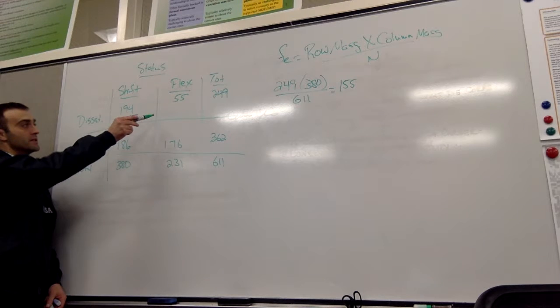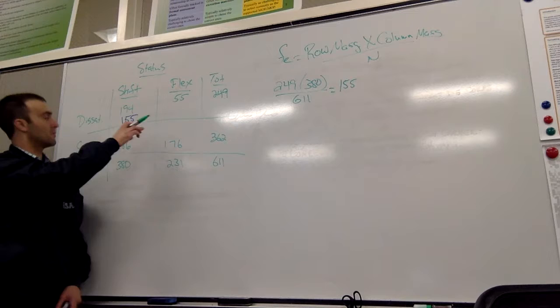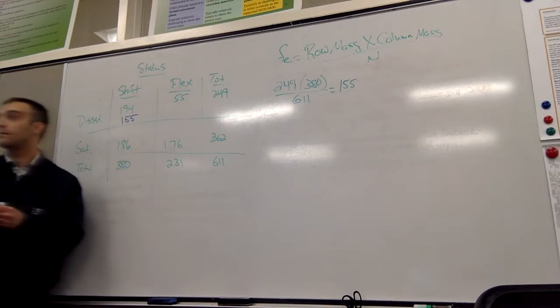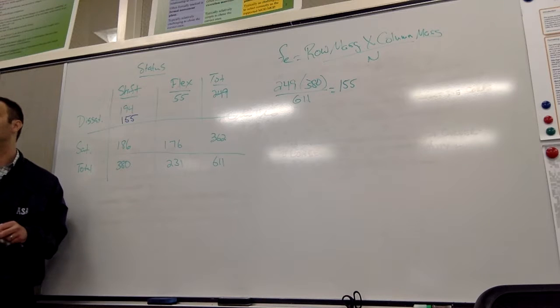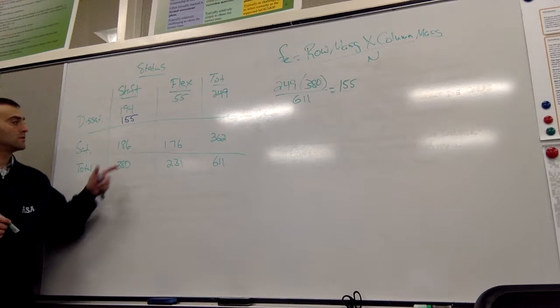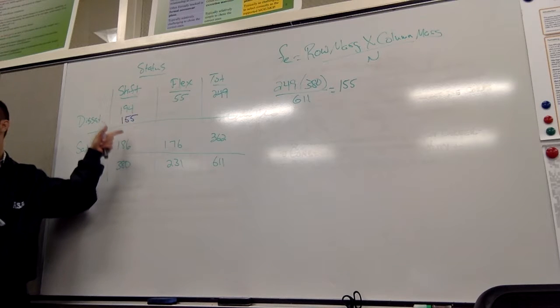So if we go to the northeast cell, for flex hours dissatisfied, we observed 55. When I was working this last week, I noticed that that number plus that number equals 249. That number plus that number equals 380. Does that always work out that way, or does it just have to be that way? The expected numbers?